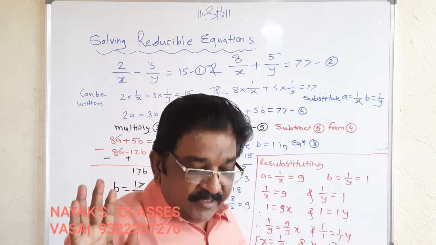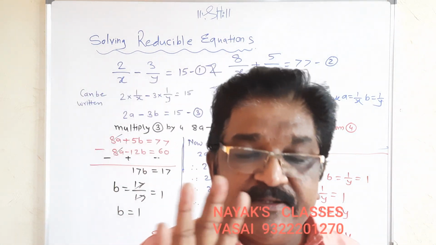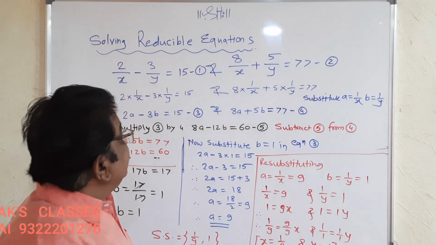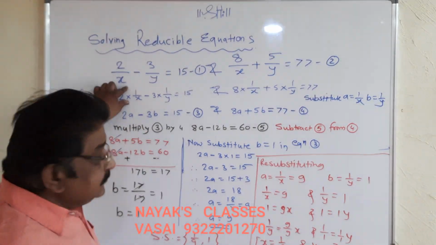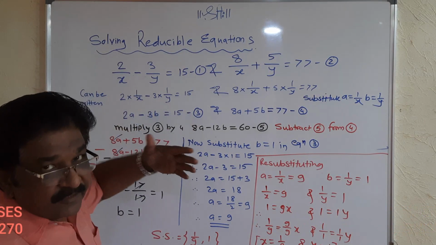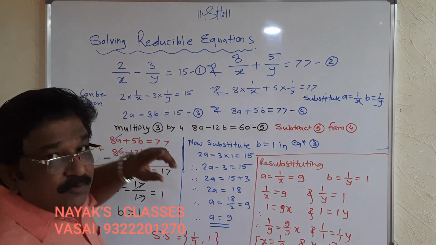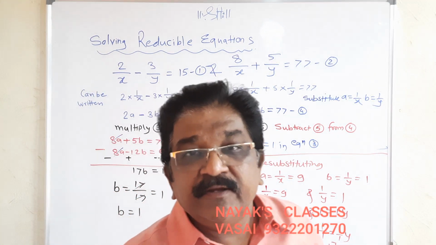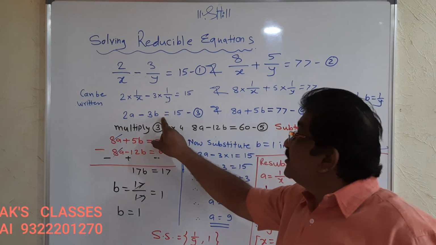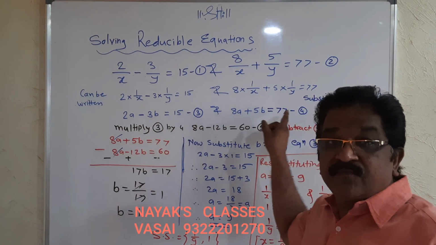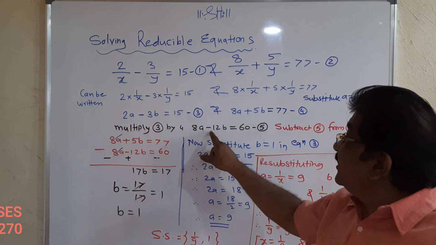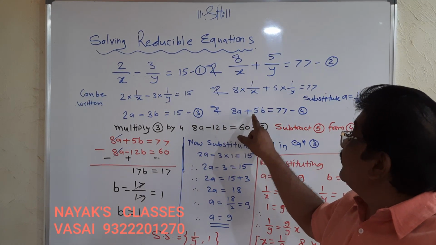Once again I am explaining: the given equations were not simultaneous equations. Correct? We rearranged them as 2 into 1 upon x and 3 into 1 upon y. Instead of 1 upon x and 1 upon y, we substituted a and b. We got these two equations, number 3 and number 4. After that we got 8a minus 12b and 8a plus 5b.